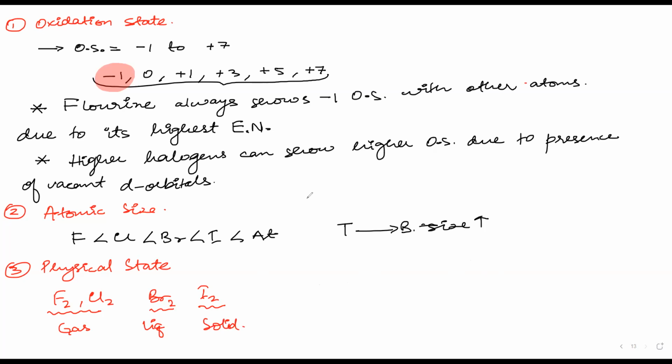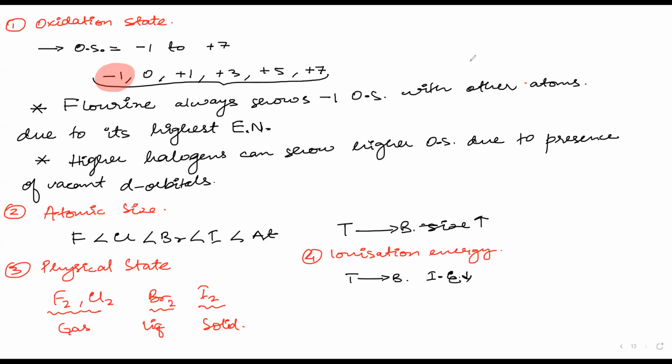Now, fourth point. Write about ionization energy. I think you guys know ionization energy. What is the order of ionization energy from top to bottom? See, if the size increases, what will happen? Ionization energy will decrease, right?